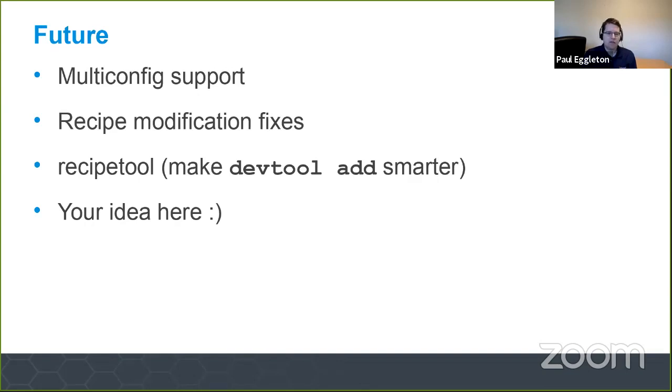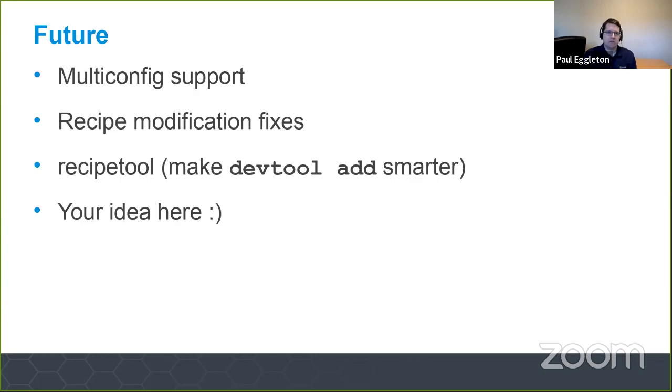And one slight issue that does happen, particularly with devtool upgrade, is that one of the main things devtool upgrade is doing, of course, is changing those references in recipes to match the upstream version. So that requires it to not really do a search and replace.